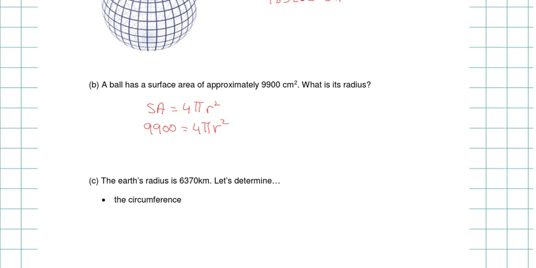How would I do that? You move 4 and pi to the other side. What kind of operation is there between the 4 pi and the r squared? It becomes division. Yes, I have a multiplication, so when I bring it over, I'm going to divide it by 4 pi.